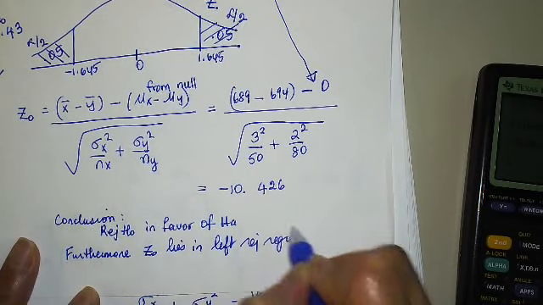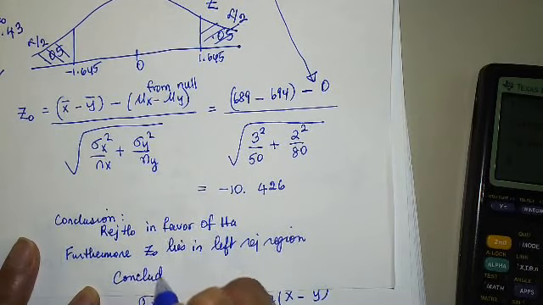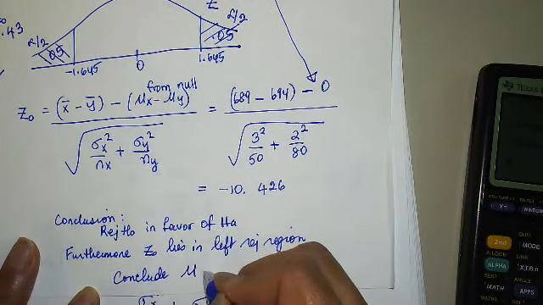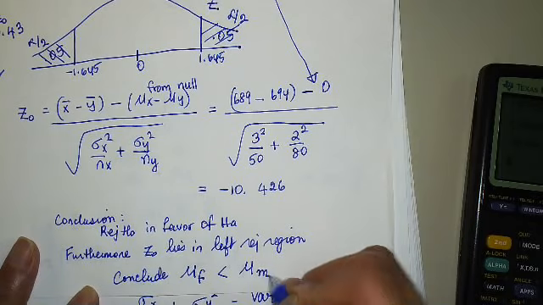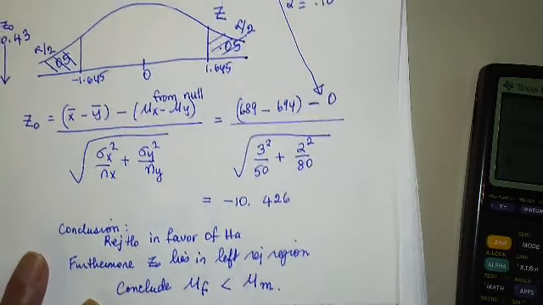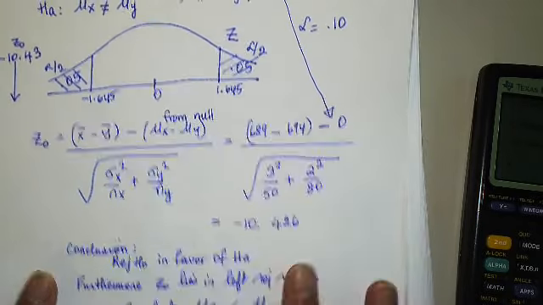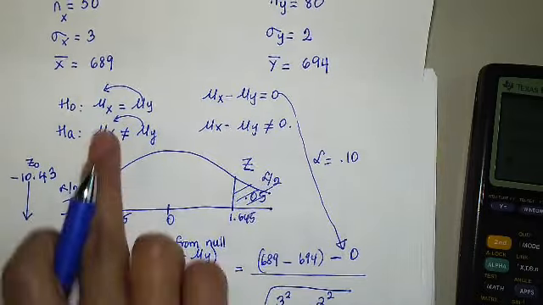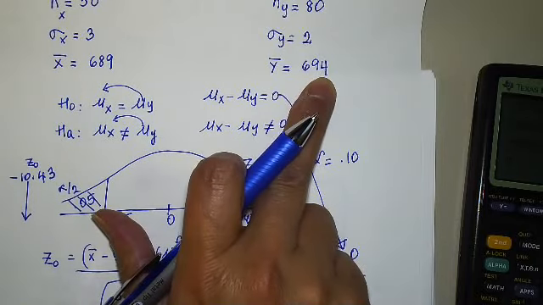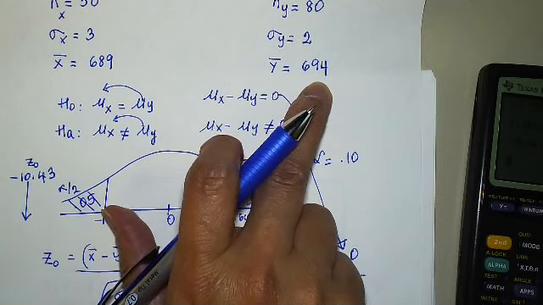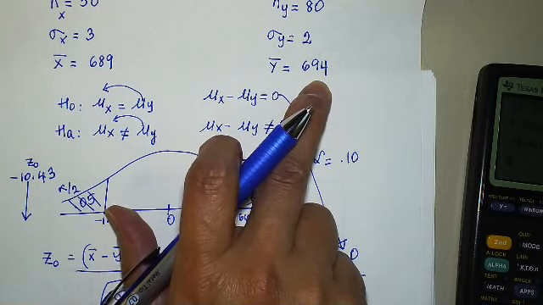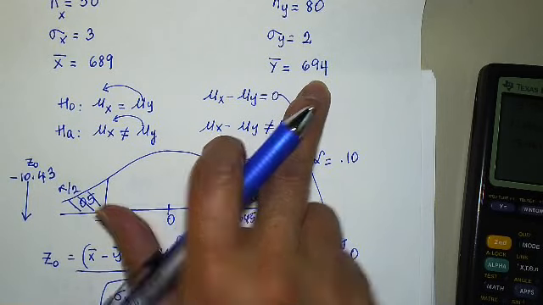Z naught. So conclusion, reject H naught in favor of HA. And furthermore, Z naught lies in the left rejection region.